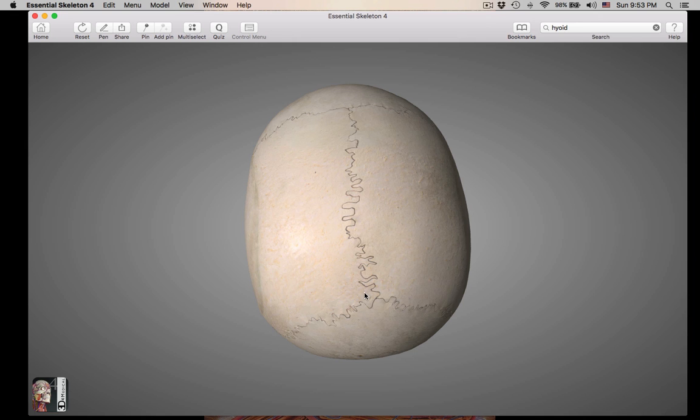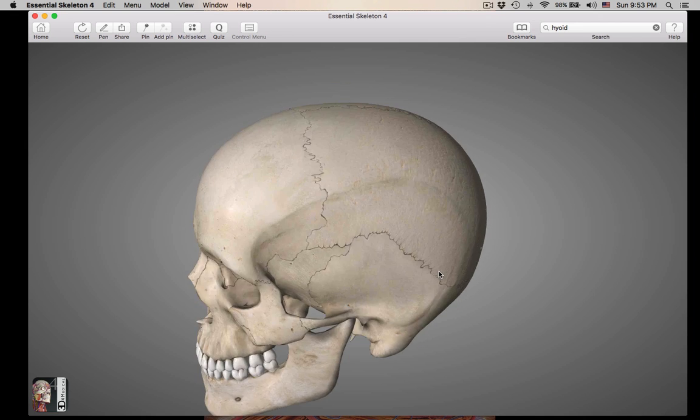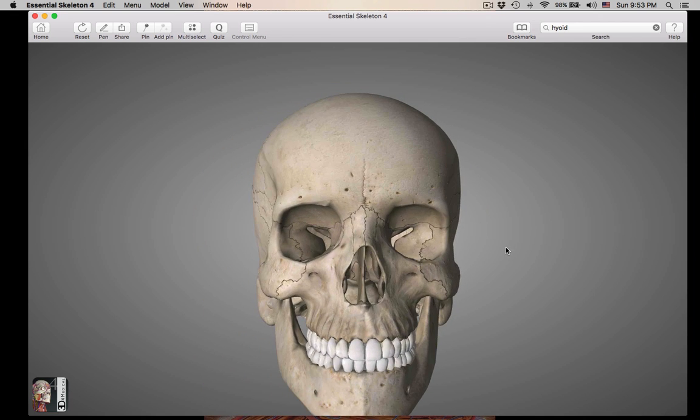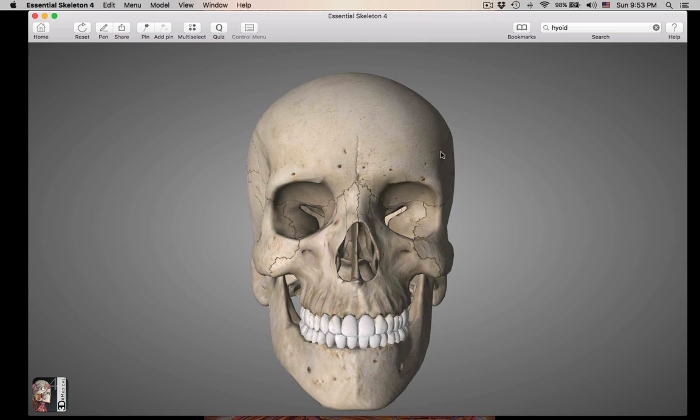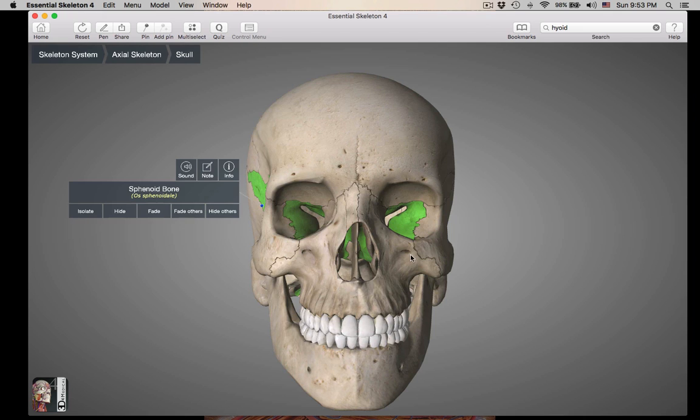Now we are going to go to the sphenoid bone. Now the sphenoid bone, I will be giving you an individual disarticulated sphenoid bone, because there's only one of them. I'll click on it, but it is kind of difficult to visualize.